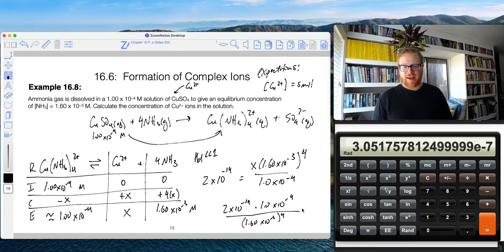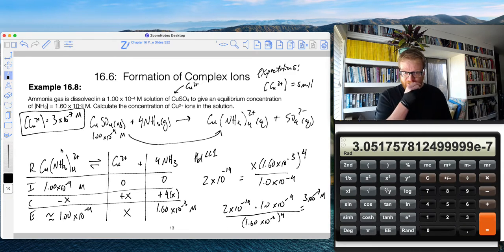That is the right answer. So let's say we only had one significant digit, so 3 times 10 to the minus 7 molar. I'll write up here, my copper 2 plus is 3 times 10 minus 7 molar. And we expected it to be really tiny, and in fact it is, and that makes good sense. And we'll do a lot more examples of problems like this in our live lecture meeting.